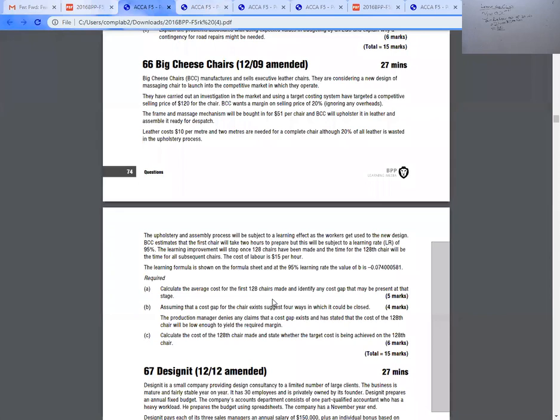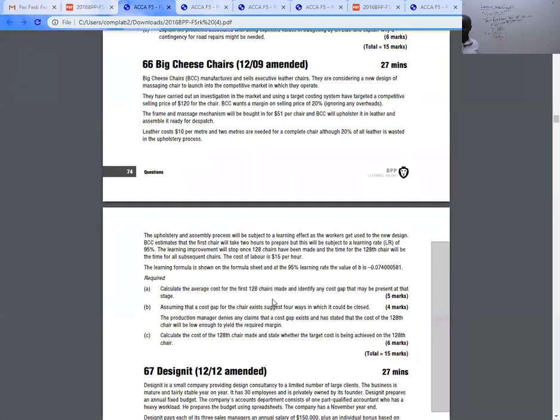Brilliant. From there, I know the next thing will be about b. b is what we call the learning index. To get the learning index, we normally take log r divided by log 2, the log of the learning rate divided by log 2. r is the learning rate.